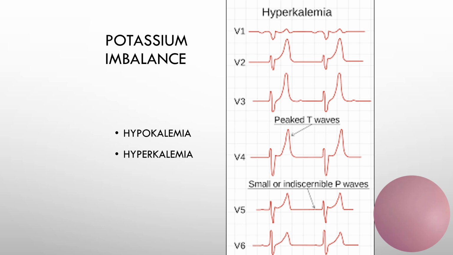With hyperkalemia, this can be caused by renal failure. Our kidneys excrete potassium, and if our kidneys are not working, we're not getting rid of potassium, so our potassium levels increase. Maybe we are taking too many potassium-sparing diuretics, too many supplements. Potassium is really high in diet sodas.